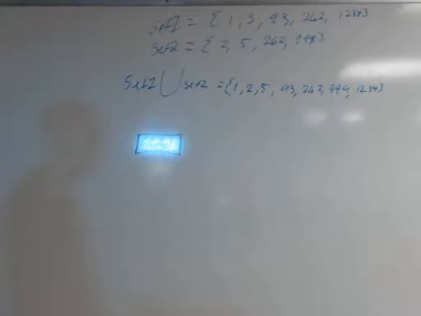What's the runtime complexity of this? N. N or 2N? Why is it actually 2N? Because you have to get through both sets, both arrays.